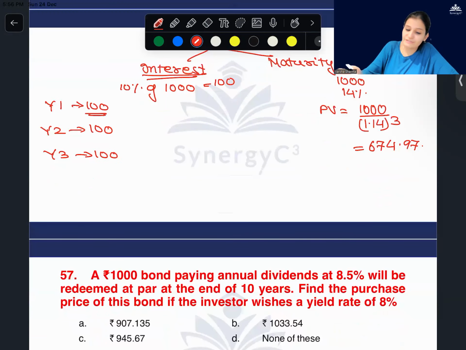For the first year, if I go back, again that is calculated at 14%. The rate of interest is only applicable at one stage, calculating the interest amount. Then we will never use it. Here, 100 for 1 year, backtracking it. What will be the present value? 100 by 1.14.